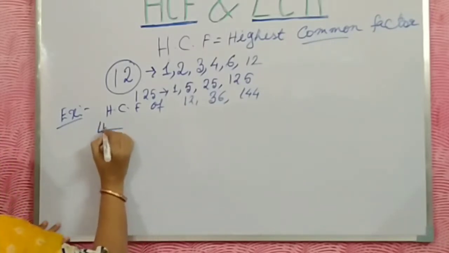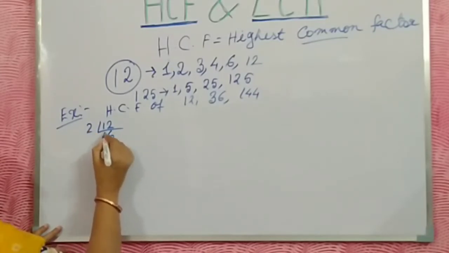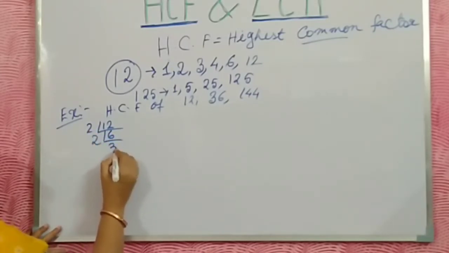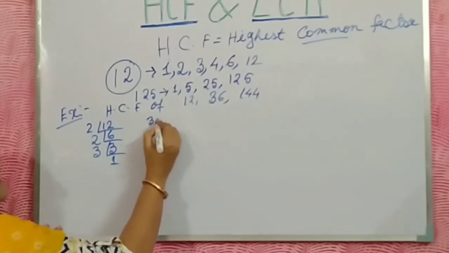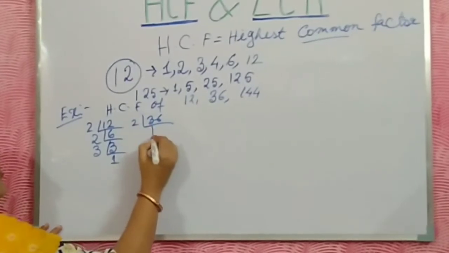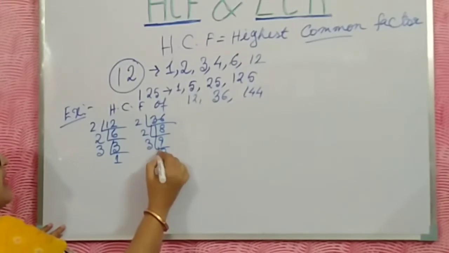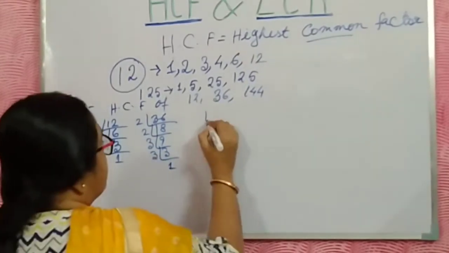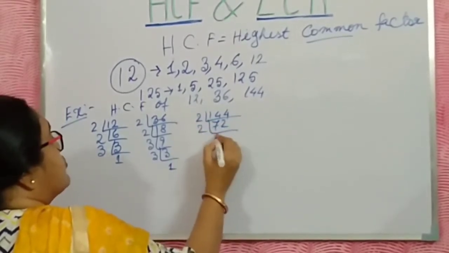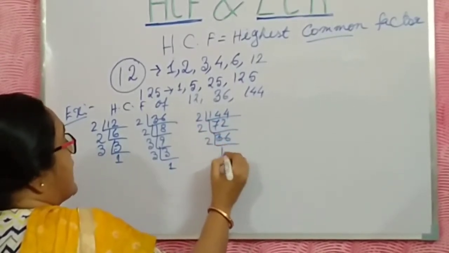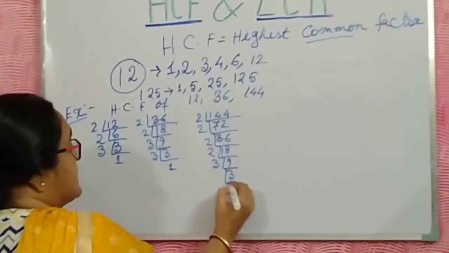Now you find all the factors. Factors you can find just like this, by doing the division. For 12: 1 12, 2 6s, 3 4s. Then for 36: 2 18s, 2 9s, 3 3s, 3 1s. Then you find 144: 2 72s, 2 36s, 2 18s, 2 9s, 3 3s, 3 1s.